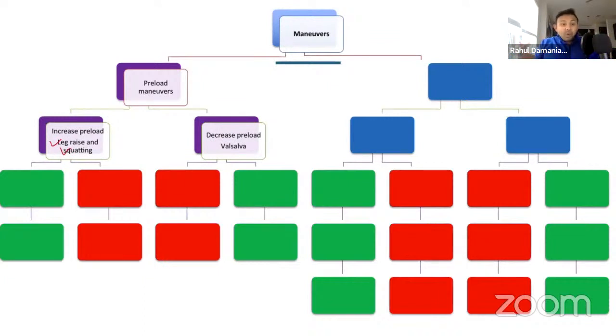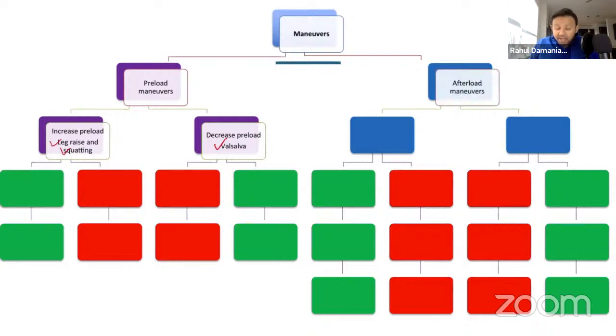So leg raise and squatting increase preload. When it comes to decreasing preload, you're going to be thinking about the Valsalva maneuver, in which you have a positive intrathoracic pressure that causes you to have reduced venous return, i.e. reduced amount of preload, because your intrathoracic pressure is super positive. And that means that your right atrial pressure is very positive, and the caval blood cannot go into the right atrium, and thus you have decreased amounts of preload.